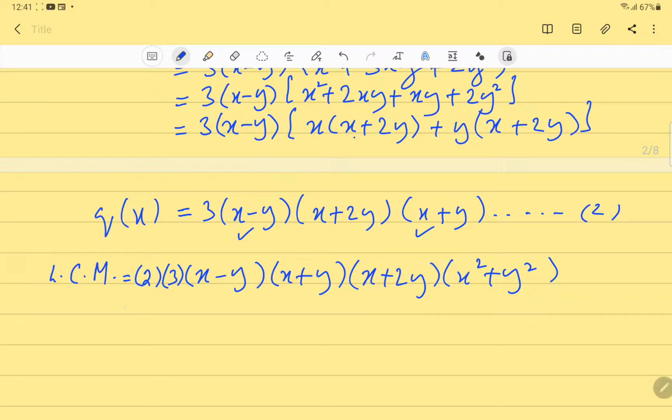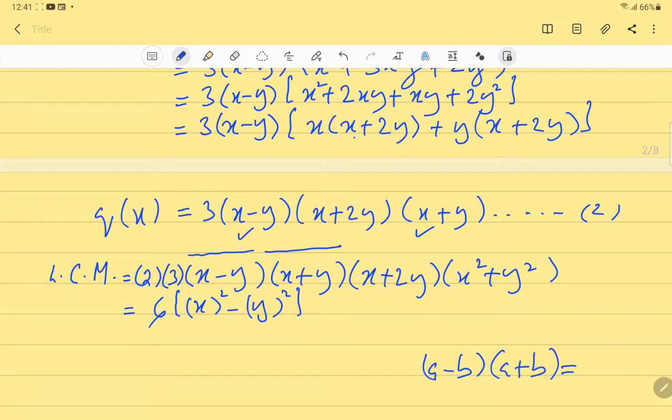Okay, let us simplify it. 2 multiplied by 3 is 6. When we multiply x minus y with x plus y, it is again a formula, which gives x squared minus y squared. Which formula is it? It is a minus b into a plus b is equal to a squared minus b squared.